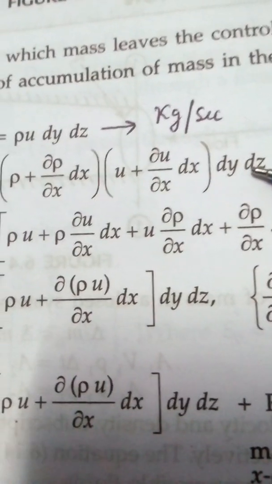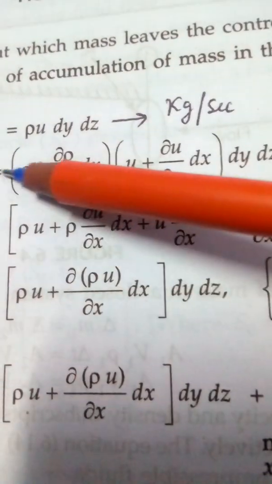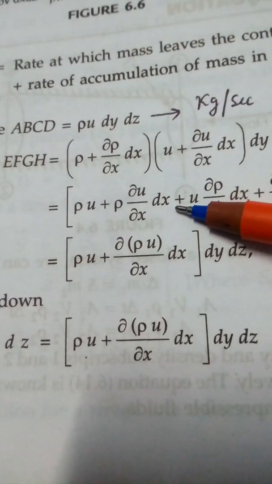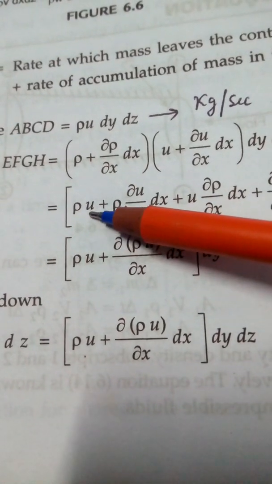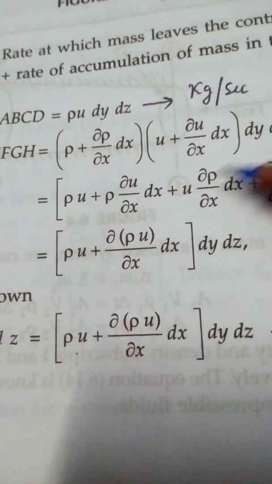The fluid is flowing out. After direct multiplication, you will get rho u, just total multiplication in this.